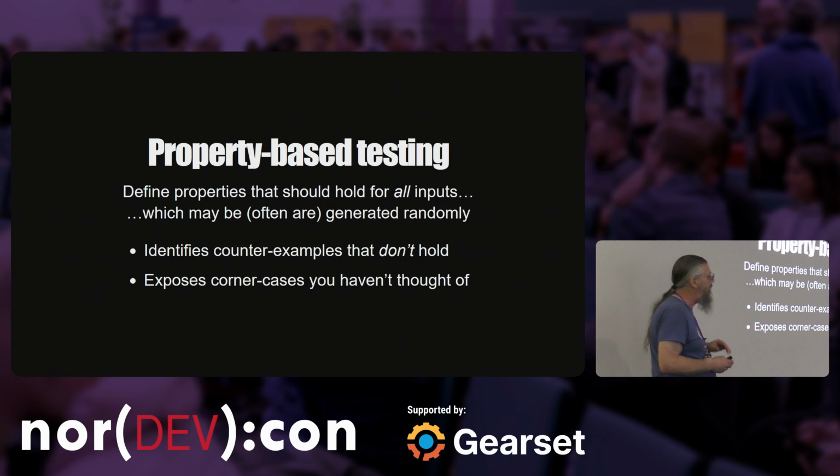Property-based testing is about identifying properties that should hold for all the inputs. And often those inputs will be generated randomly by the property testing framework, or you can arrange to generate them randomly. The point is that you're trying to find counterexamples that don't hold. So you define your property, for example, all matched indices in the output array should be unique.